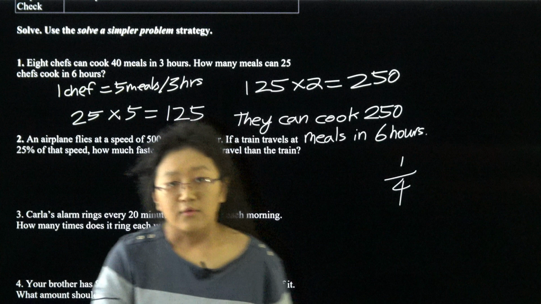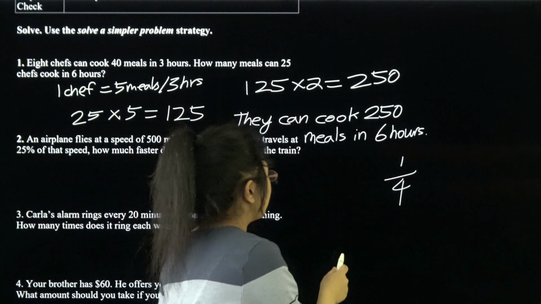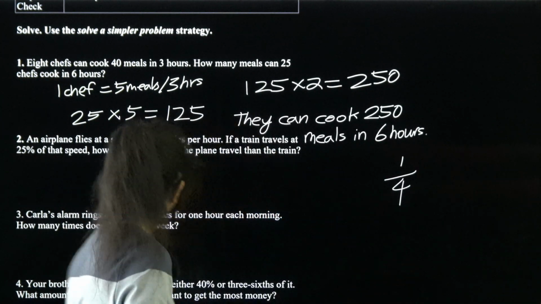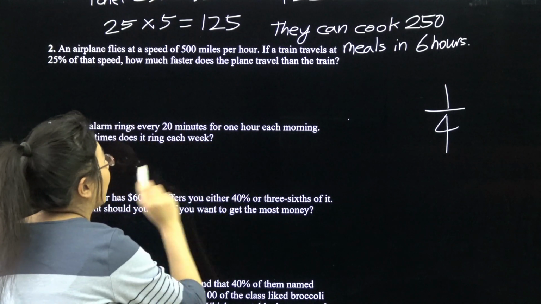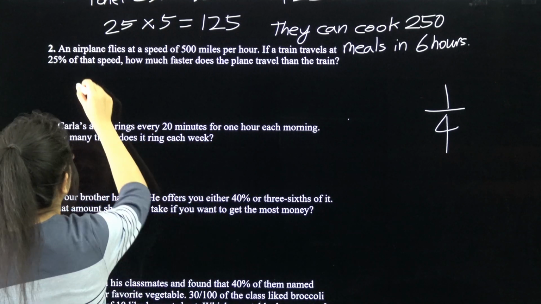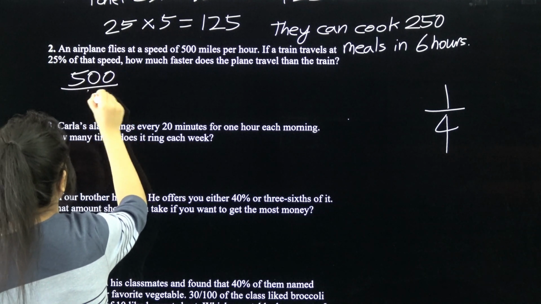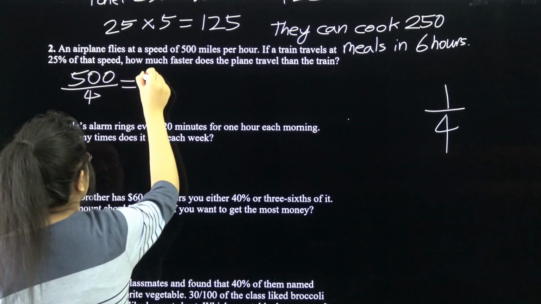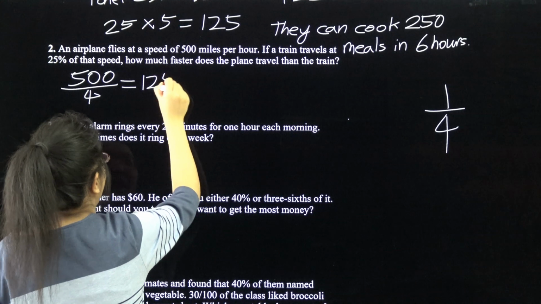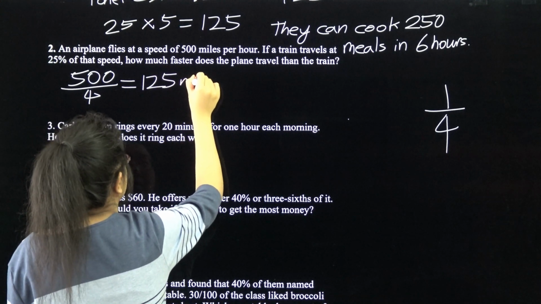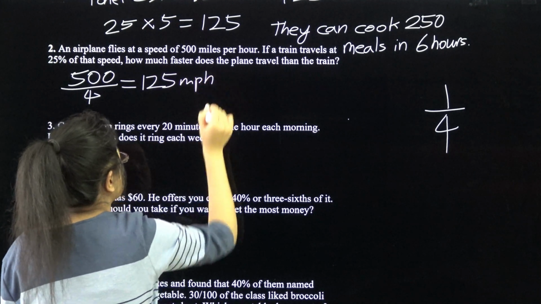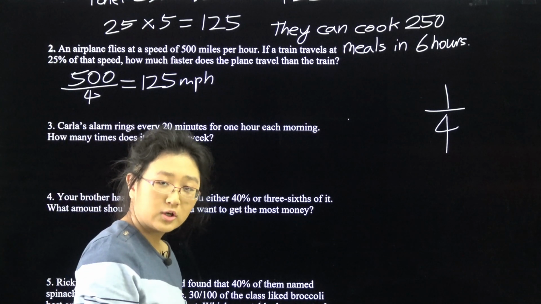It is very easy to use a quarter. So 1/4 of 500 would be 500 times 1/4, which would be 500 over 4, and that equals 125 miles per hour.